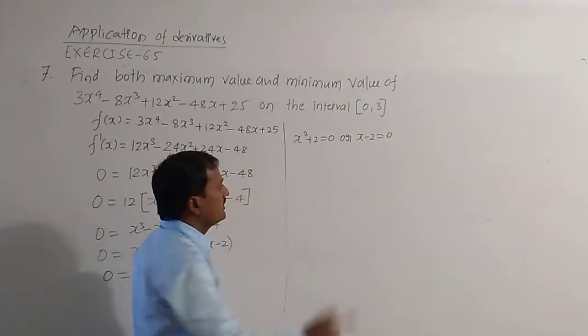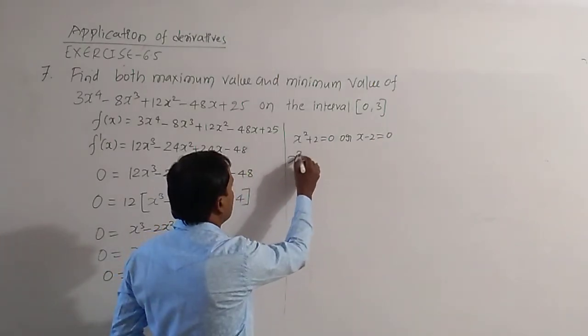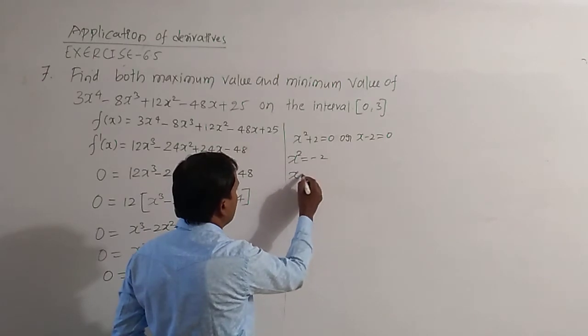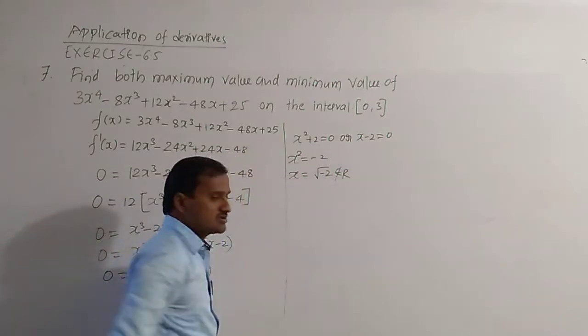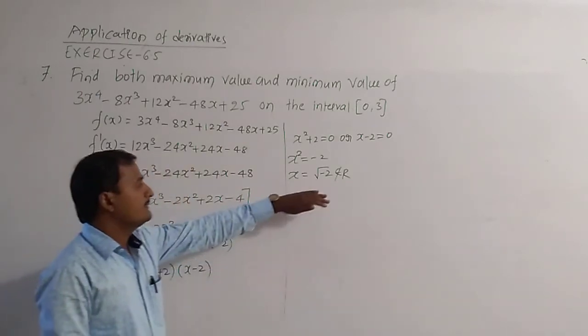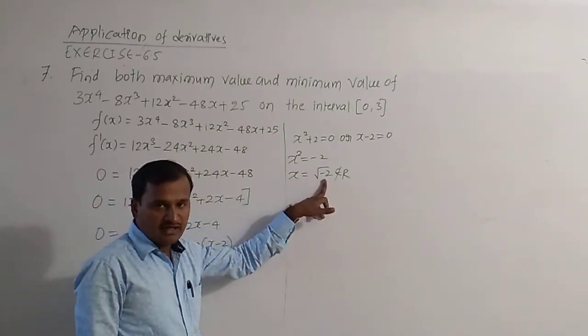Now x square is equal to minus 2, or x equal to root of minus 2, clearly does not belong to the set of real numbers, because here we are getting the root of a negative number.